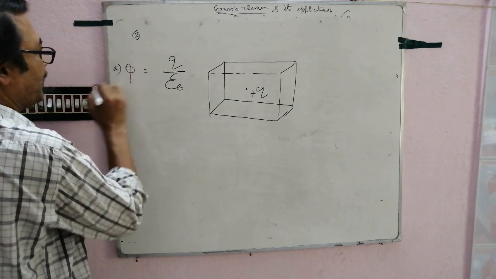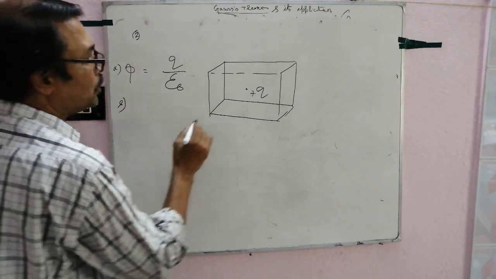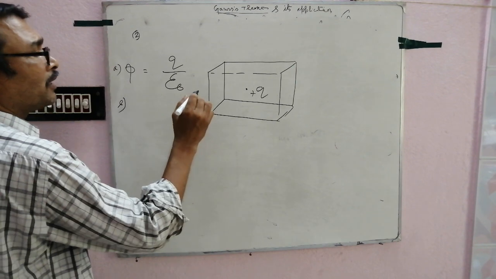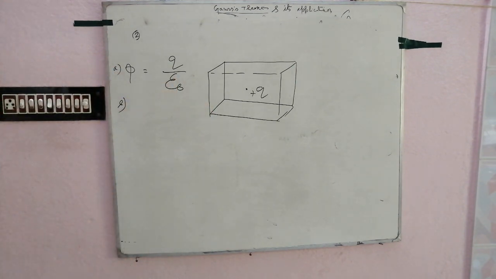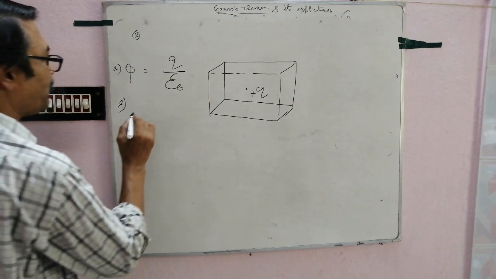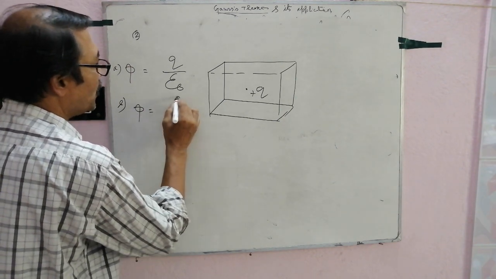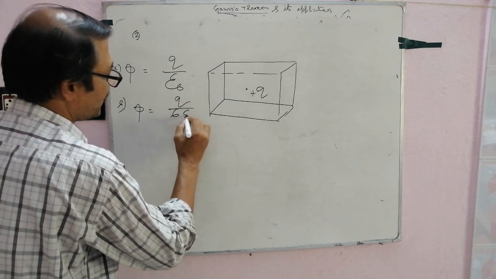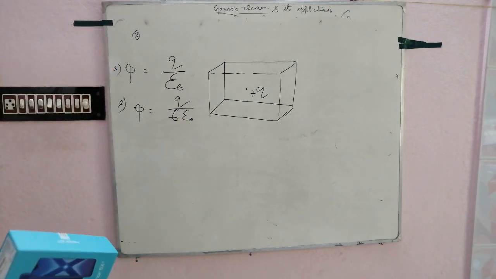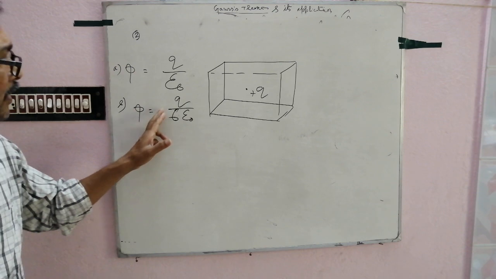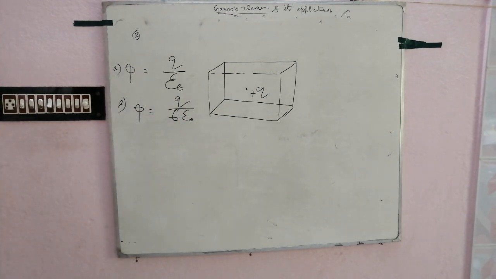(B) Through every face, the flux coming out is phi equals q by 6 epsilon naught, since there are 6 faces. So at each face the flux will be q by 6 epsilon naught.